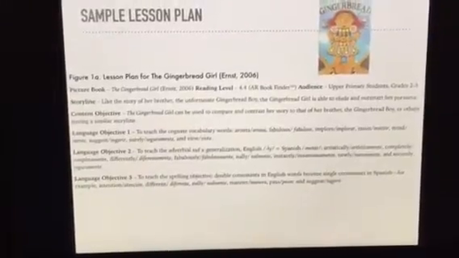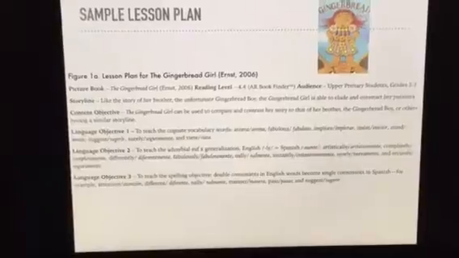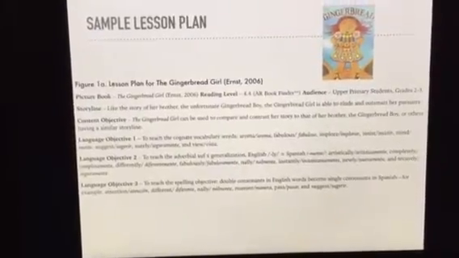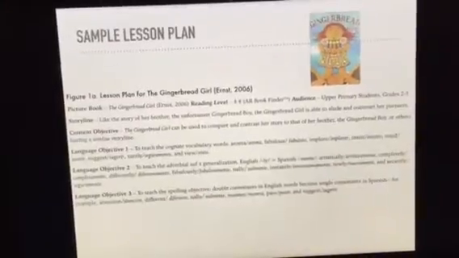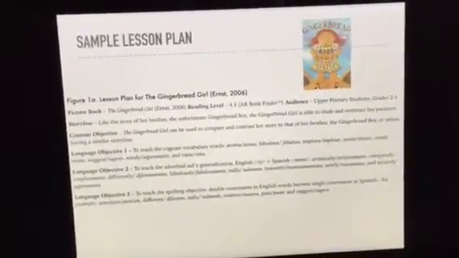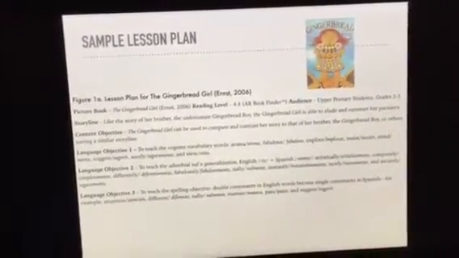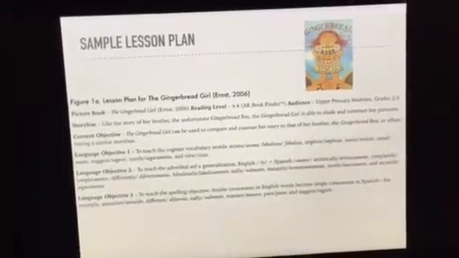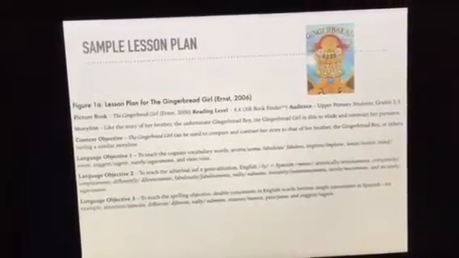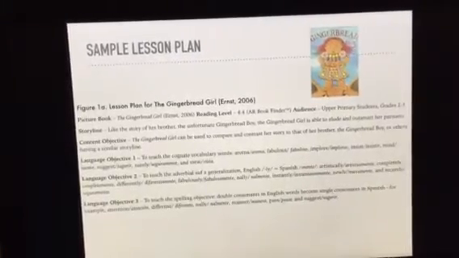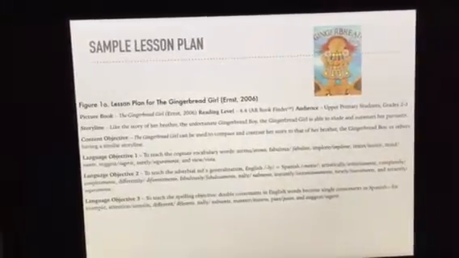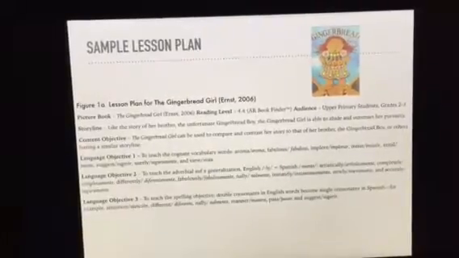So finally, I want to take this idea of front-loading the vocabulary with a word wall and then going in and using a book in teaching cognates. So you'll see the book is called The Gingerbread Girl. It's from 2006. And you will see that language objective 1 is to teach cognate vocabulary words.